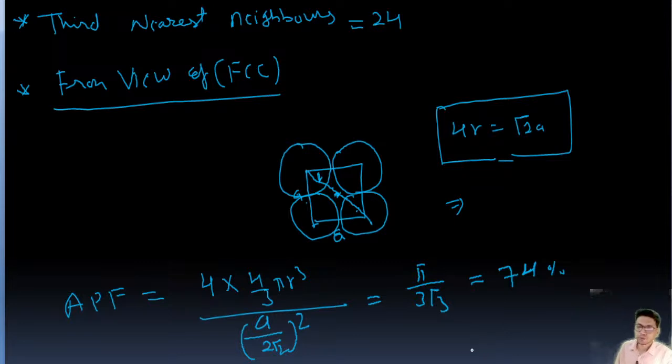Okay, so this is A cube. A cube we can also find out from here. The value of A is 4R upon root 2.